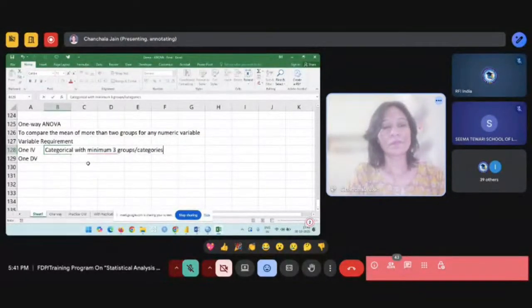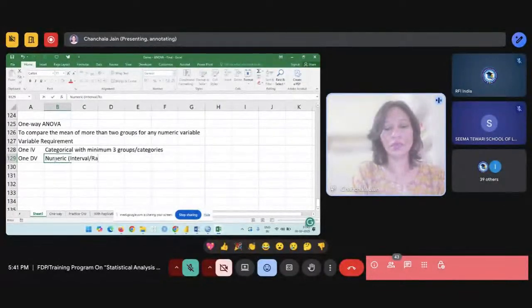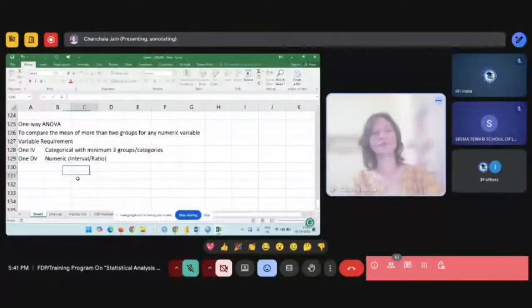Right? And the dependent variable will be the numeric variable or continuous variable. You can call it an interval or ratio scale variable. Right?